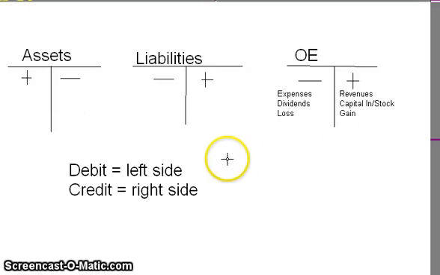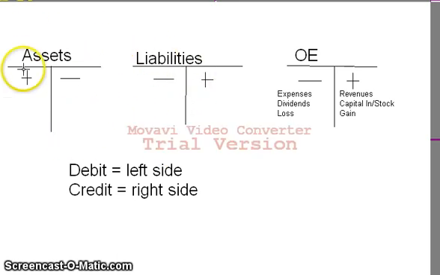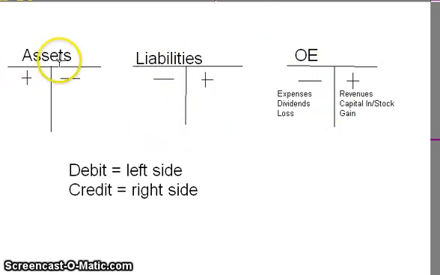What I've drawn for you here was quite painstakingly drawn, I might add, but what you're looking at here are T accounts, and you can see why they are called T accounts. You've got assets, liabilities, and owner's equity. Assets are things like cash, liabilities are things that you owe people, and owner's equity is comprised of a number of things.